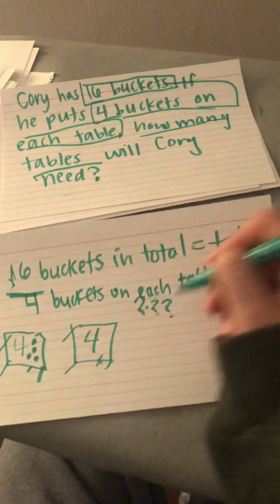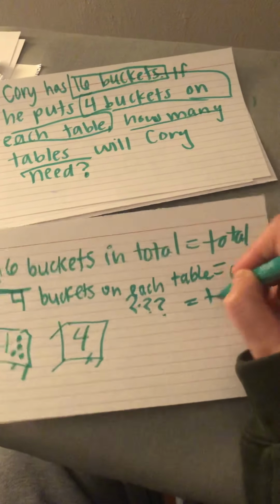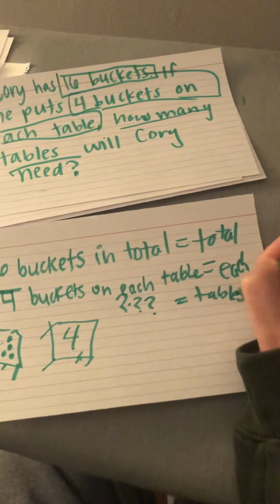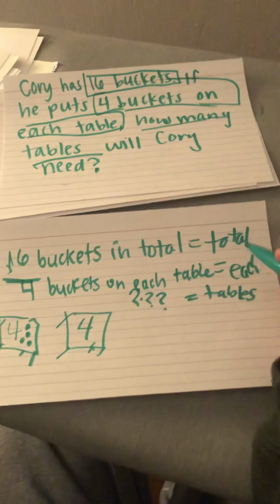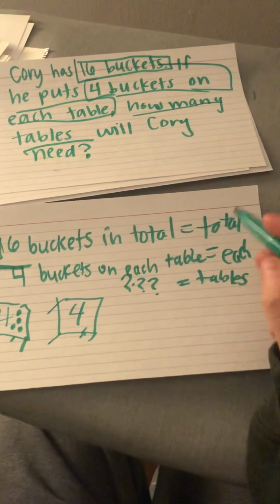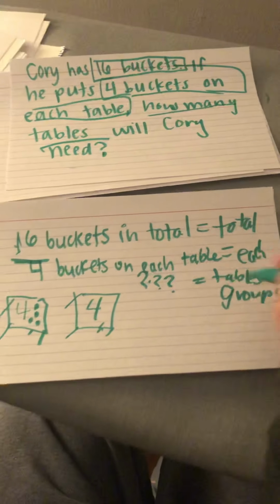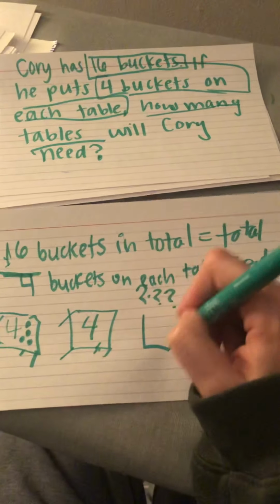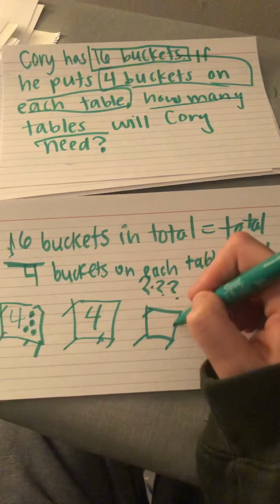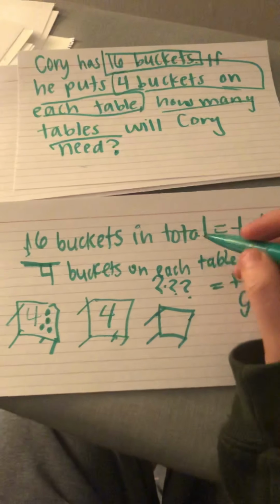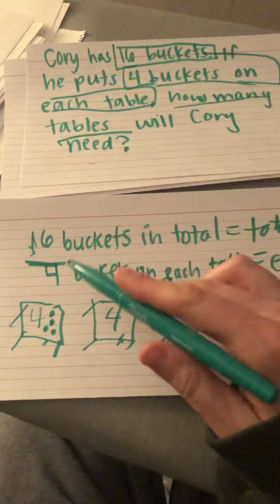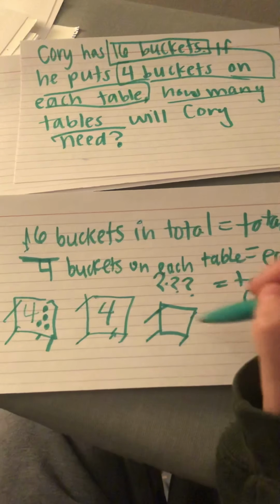The question's asking for the tables. We have our total, we have our each. What are we missing? I hope you're thinking groups. Because right now our groups are the tables. Those are creating the groups because we're putting our each on the tables.